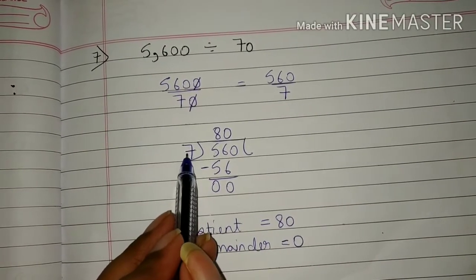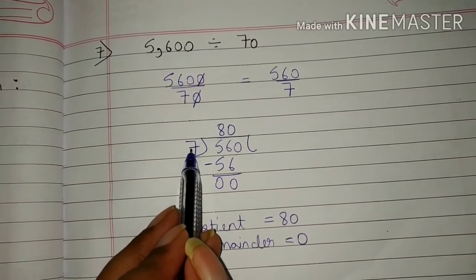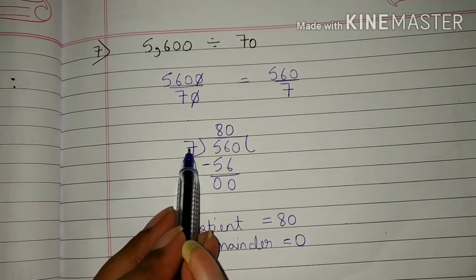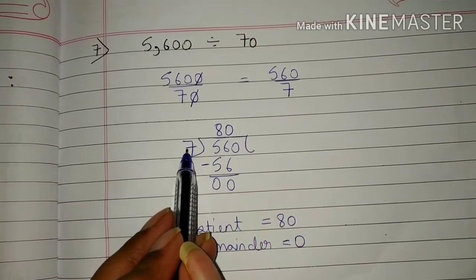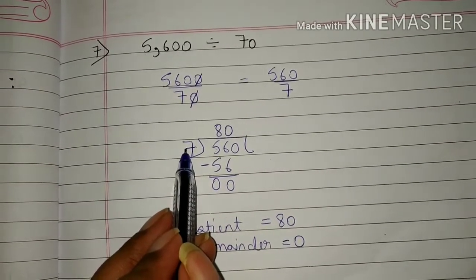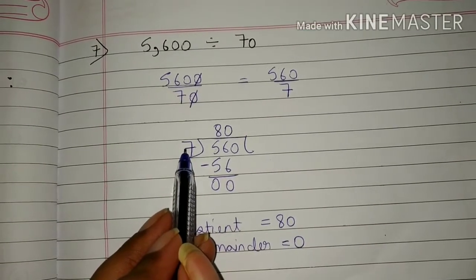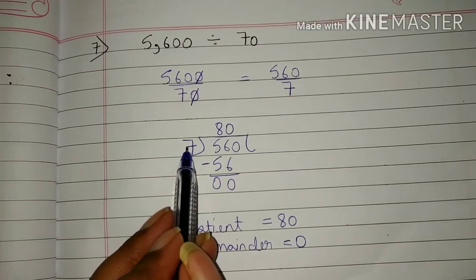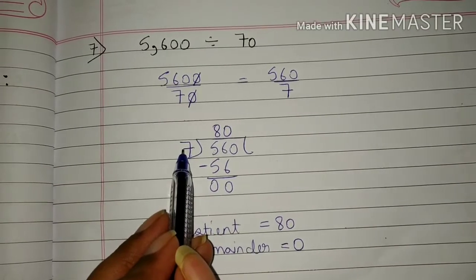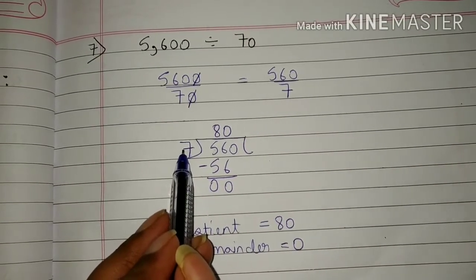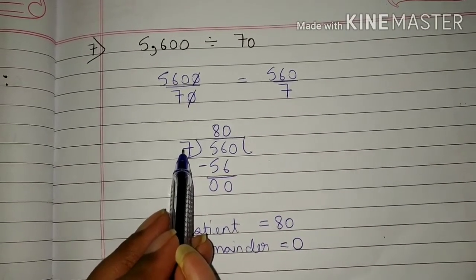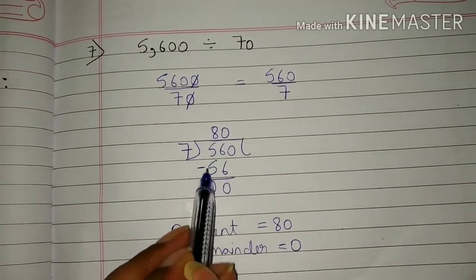7 1 ja 7, 7 2 ja 14, 7 3 ja 21, 7 4 ja 28, 7 5 ja 35, 7 6 ja 42, 7 7 ja 49, 7 8 ja 56.